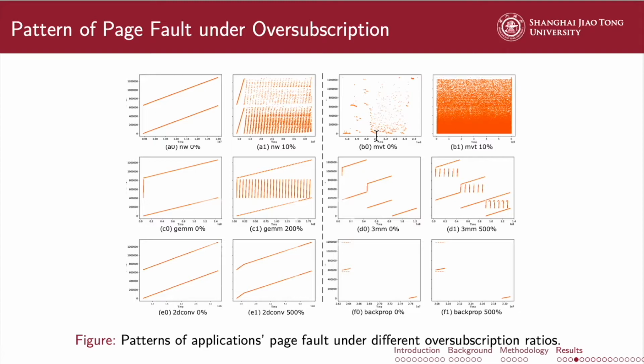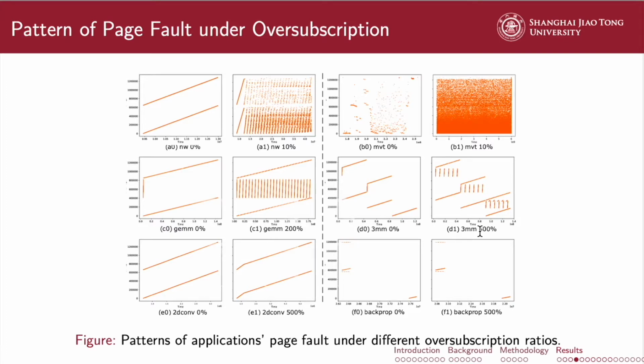Under oversubscription, the size of the overall dataset is beyond the capacity of the GPU memory at high oversubscription ratios. The working set accesses GPU memory, thus the GPU swaps pages to main memory.